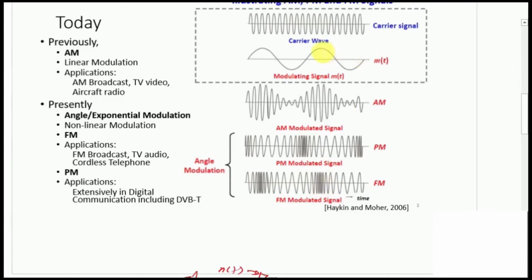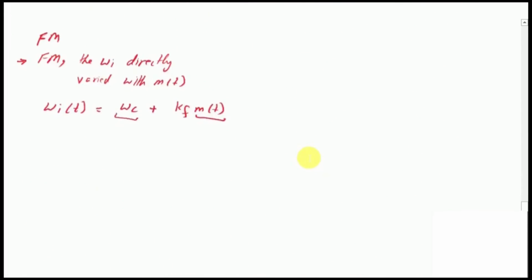If we reach a peak, how much increase in frequency should there be? And if it reaches a negative peak, how much decrease in the frequency should there be? So this is basically governed by the constant kf, right? So this is our angular frequency.